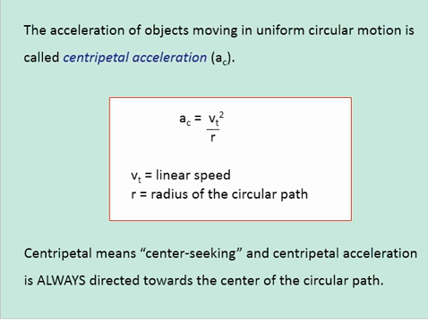Now the word centripetal means center seeking, and that means that centripetal acceleration is always directed towards the center of the circular path, because remember, acceleration has direction too. So the direction of the centripetal acceleration experienced by the object is always directed towards the center of the path.